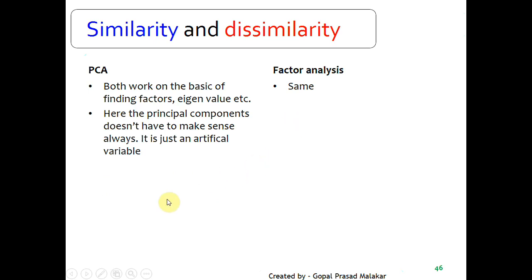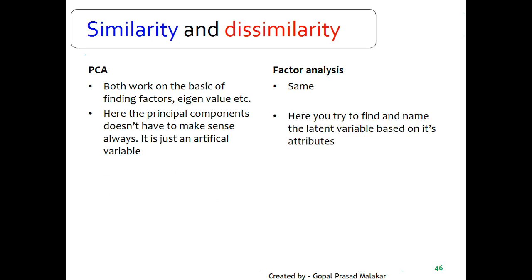However, in principal component analysis, the principal components don't always have to make sense. These are just artificial variables. Whereas in factor analysis, you try to make a guess about what the factor is trying to measure. You try to make a judgment about the latent variable. So here you are looking for meaning in the latent variable, whereas in PCA you are not; these are just artificial variables. Mostly in PCA you end up deciding the number of components, how many components you should have.